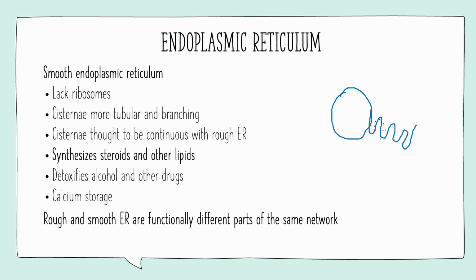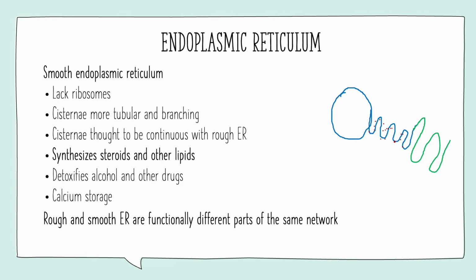I'm making them red. They're all over the endoplasmic reticulum wall. And then from the rough side, it becomes smooth, meaning they have no ribosomes on them, okay?